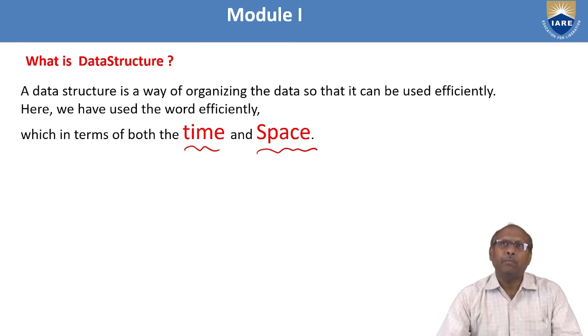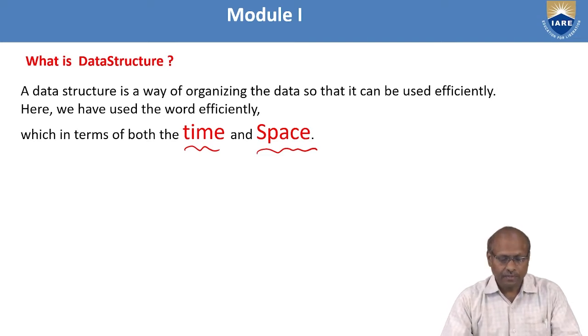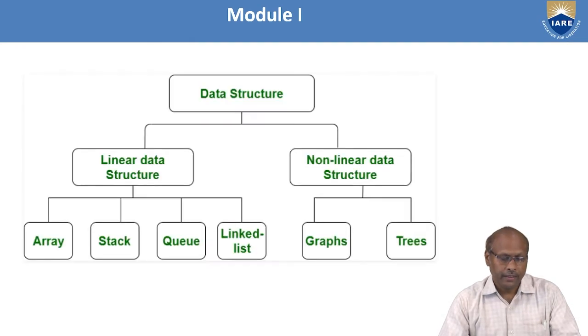These are the two main factors you should keep in mind. As a best software developer, you must keep time and space to a minimum. If the program takes more time, then it is not an efficient program. This is the general definition of data structure.